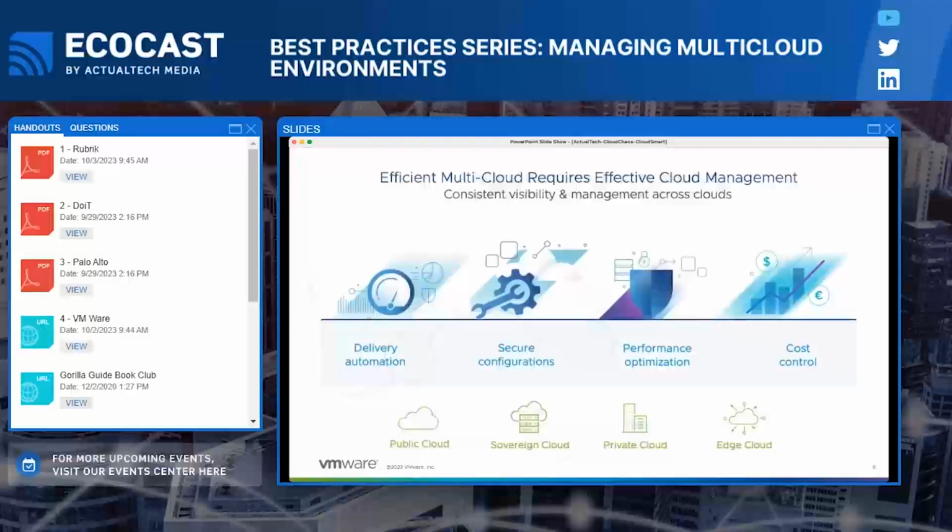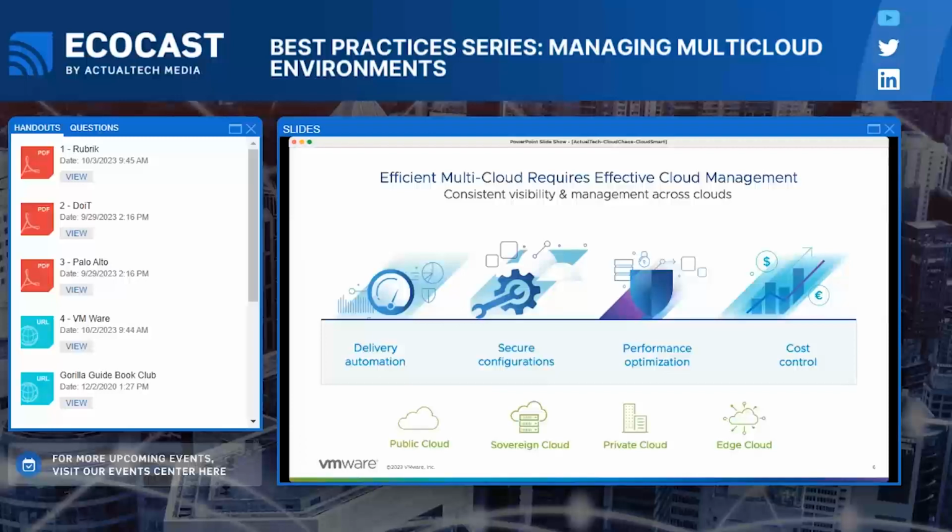So what we discovered that customers were consistently asking for across all of their clouds, no matter where their workload lives, were fairly consistent: a secure way to deliver services to any cloud with automation, and capability to optimize performance in a consistent manner across multiple different clouds.